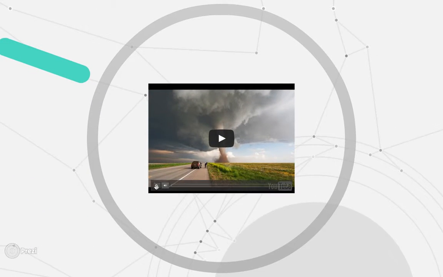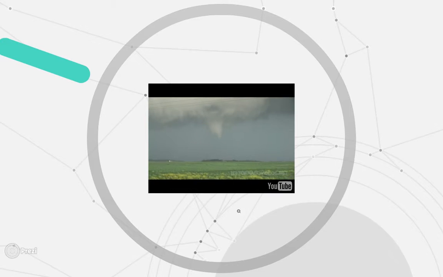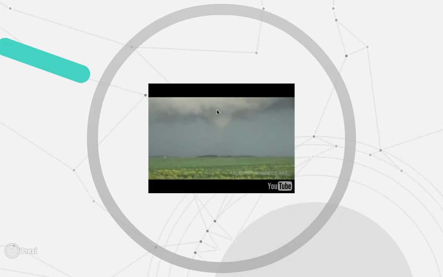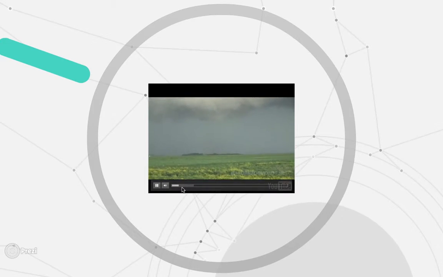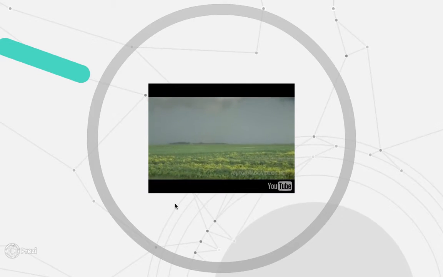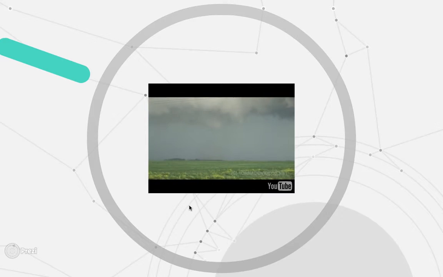Here's a short clip. There it is. This part of the tornado is called a mesocyclone.